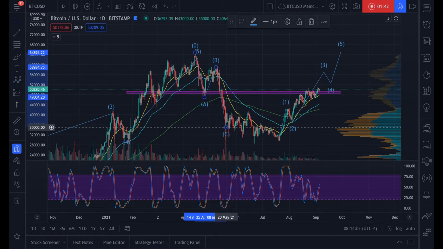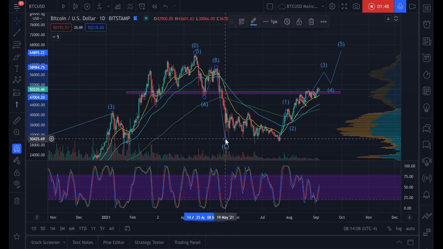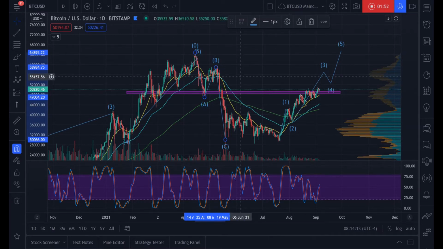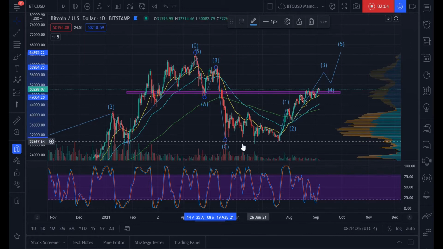That was the A wave, the move all the way down to sub 30,000. And then this is the B wave. Remember, in Elliott wave analysis, the A wave is comprised of an ABC correction. The B wave is also comprised of an ABC correction. So here, this would be, in the bearish scenario, an ABC correction.